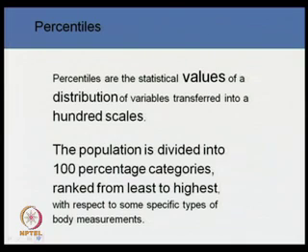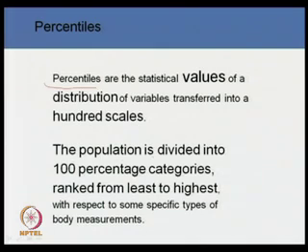Now, what are percentiles? Percentiles are the statistical values of a distribution of variables transferred into a 100 scale.